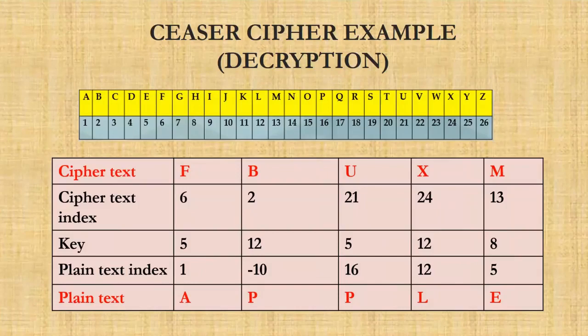Now the formula is P, plain text, equals C minus K, which means ciphertext minus key. Decryption works with minus key. So here 6 minus 5 equals 1, 2 minus 12 equals minus 10, 21 minus 5 equals 16, and the rest are the same. This is how the decryption part is done.